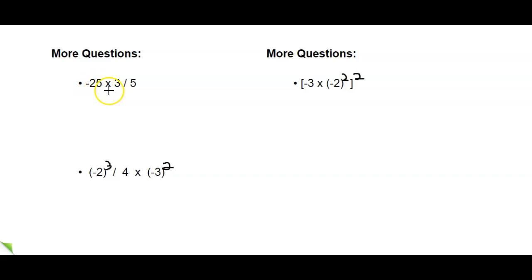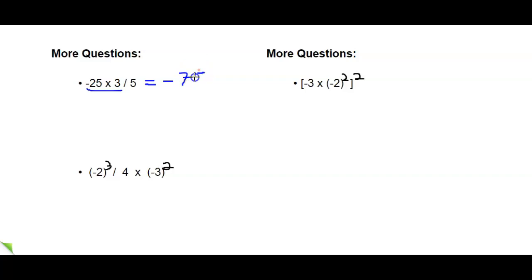Here we have negative 25 multiplied by positive 3. What would that give us? Negative 25 multiplied by positive 3 is equal to, negative multiplied by positive is negative. 25 times 3 is 75, so that's negative 75.